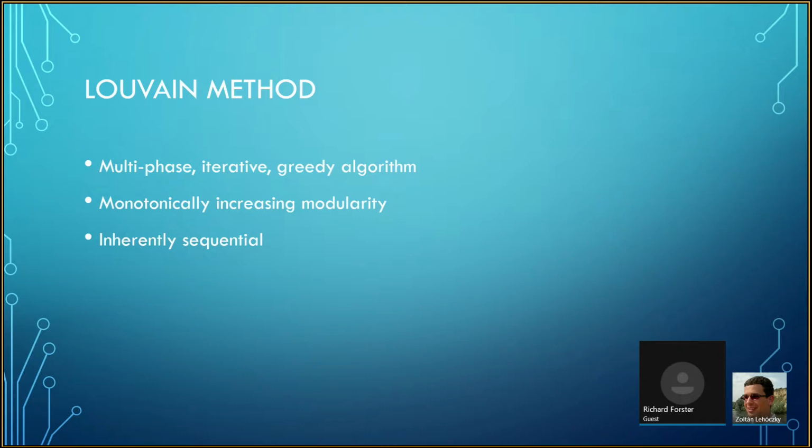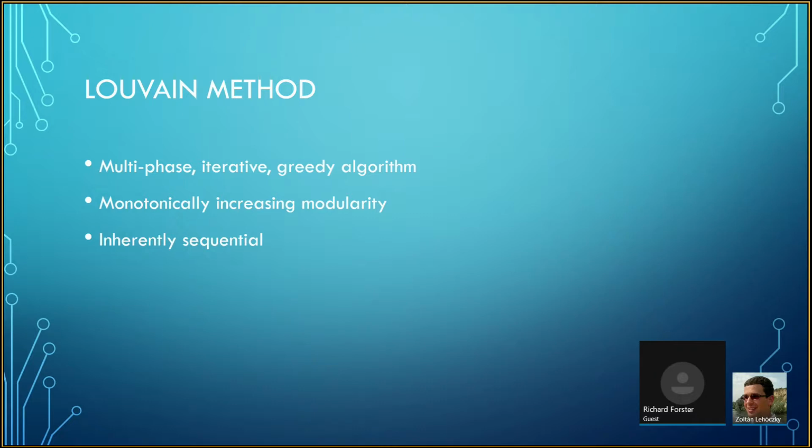So as I said, the Louvain method is a multi-phase iterative greedy algorithm. That means that we are building a tree, a dendrogram, where each layer will contain the nodes that are moved into a different community, and as you go deeper and deeper, at the leaf side you will see the original nodes, but inside the tree you will see the communities, and the root will naturally contain the whole graph.